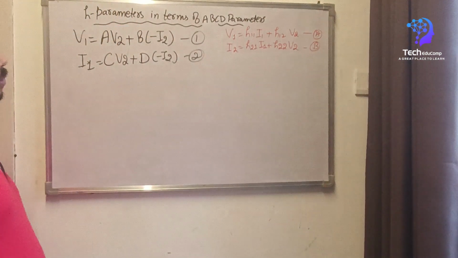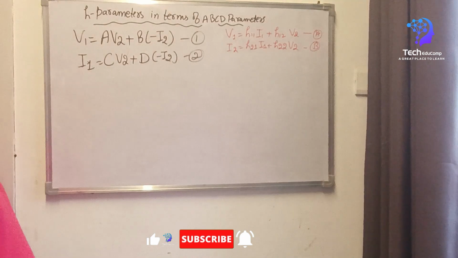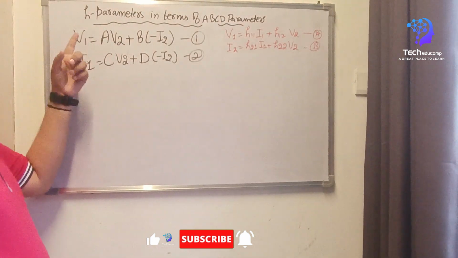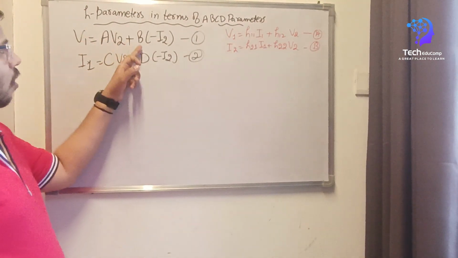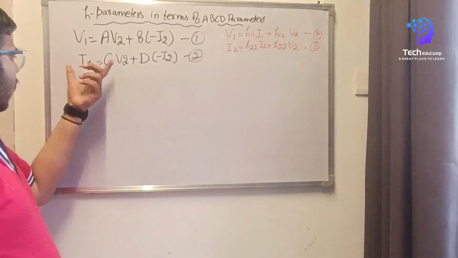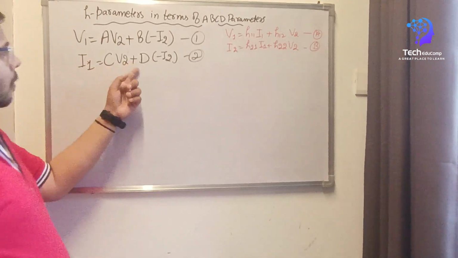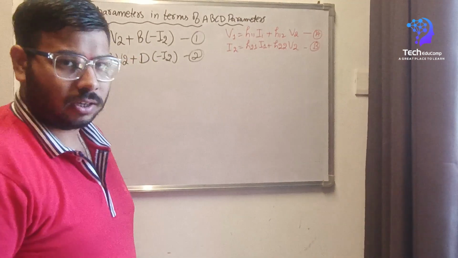So for transmission parameters or ABCD parameters, the equations are as follows: V1 equal to AV2 plus B into minus of I2, and I1 equal to CV2 plus D into minus of I2.